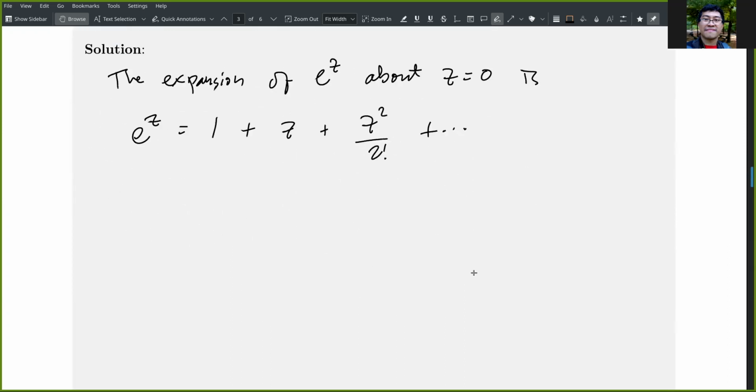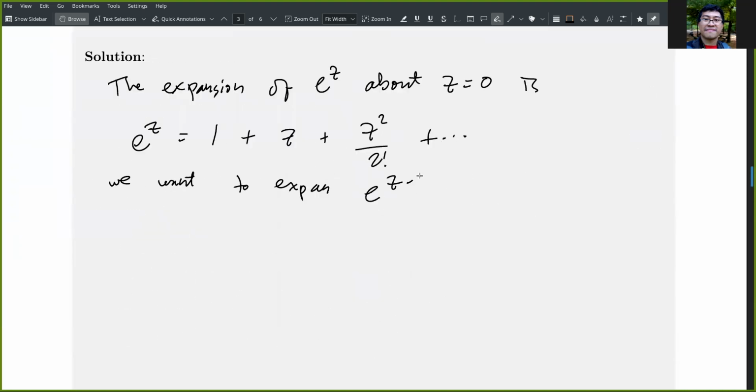But we don't need the expansion about z equals 0. What we want is to expand about z minus z naught, where z naught is 1, so in powers of z minus 1.